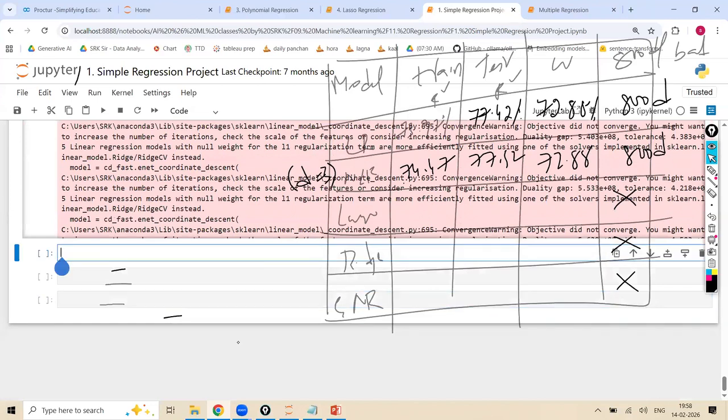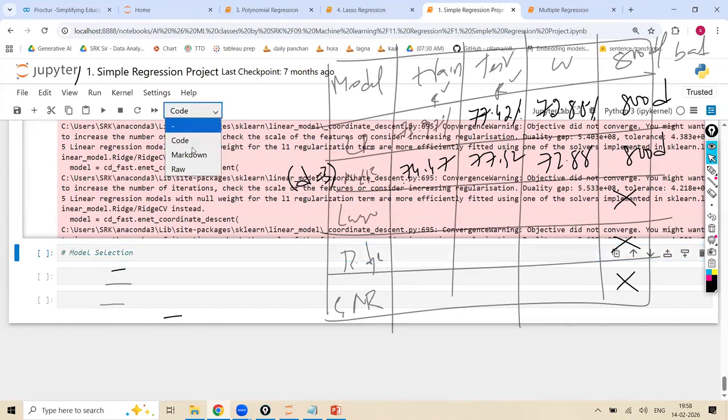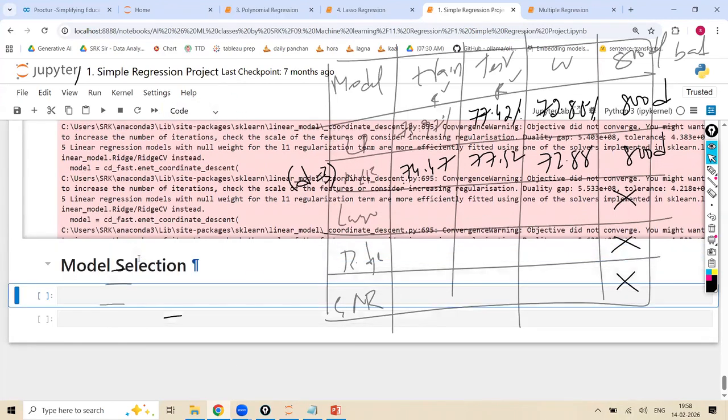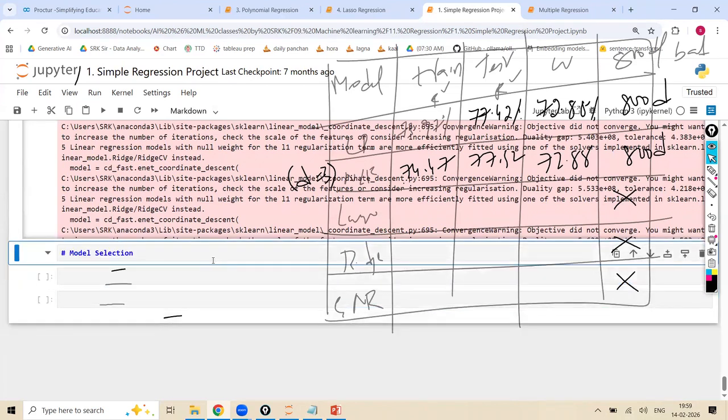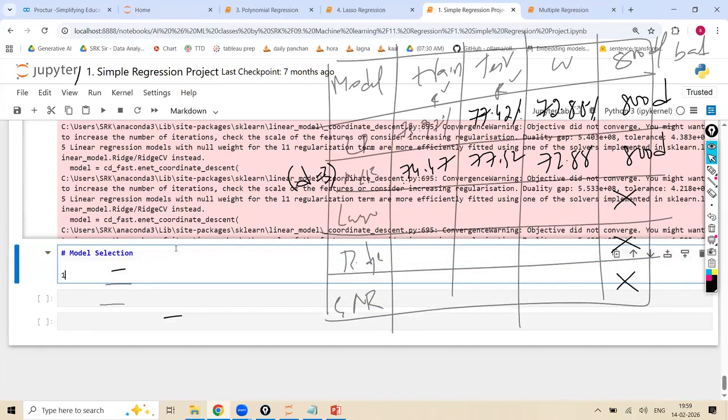Finally, it is not working. Now, how many models are there with us? 2 models are there. From these 2 models, we are going to do the model selection. Now, tell me which model is best out of these 2. Sir, how to decide, sir? For model selection, the first priority is the highest test R square.